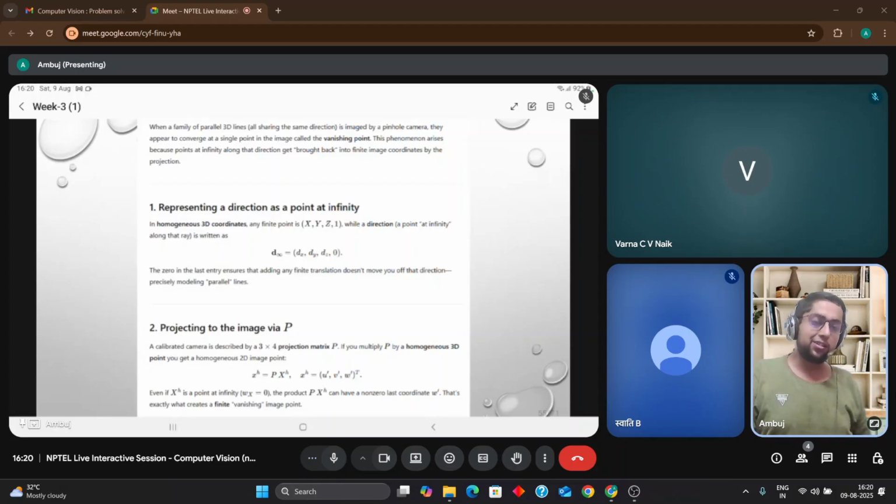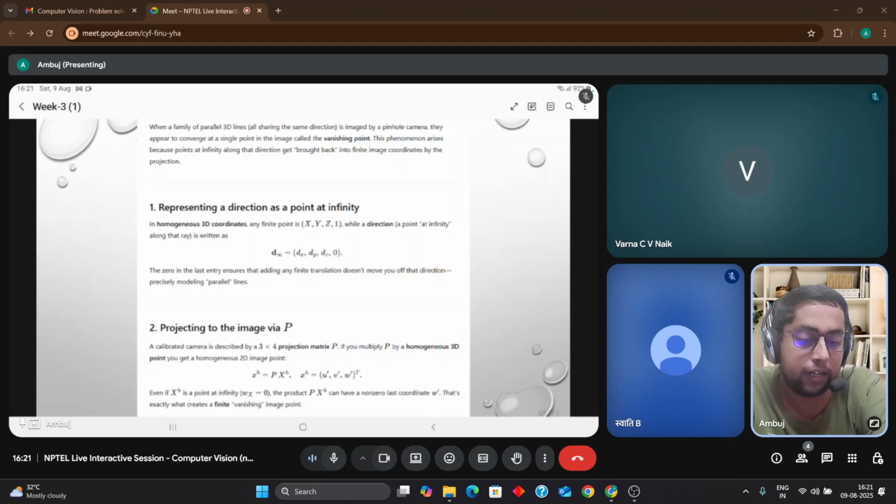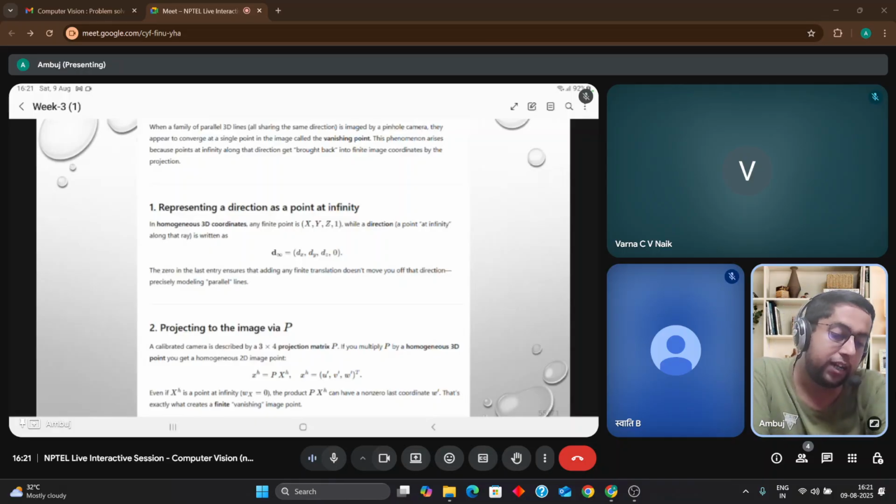When you project via P, the calibrated camera is described by a 3 cross 4 projection matrix. If you multiply P by this homogeneous 3D point, you get P into XH, where XH is a point at infinity. The product P into XH can have a non-zero last coordinate W dash.